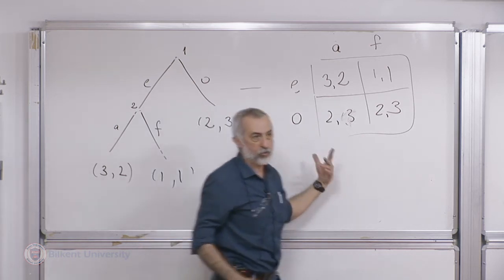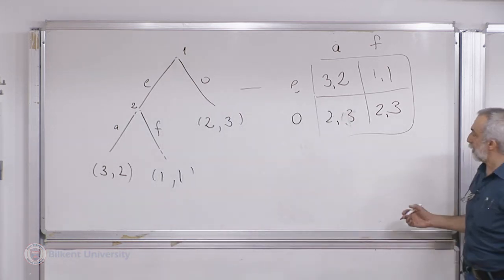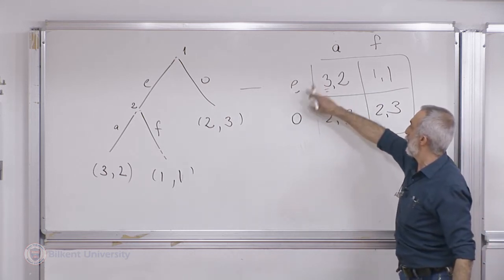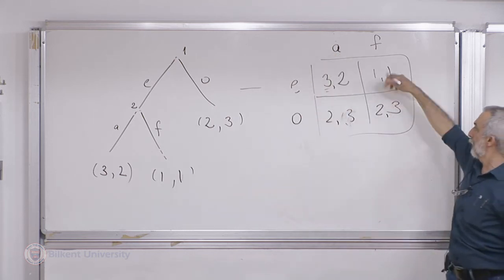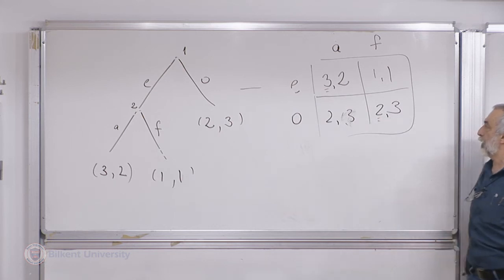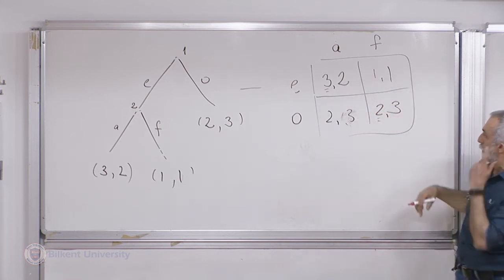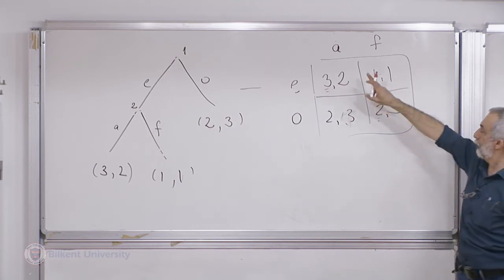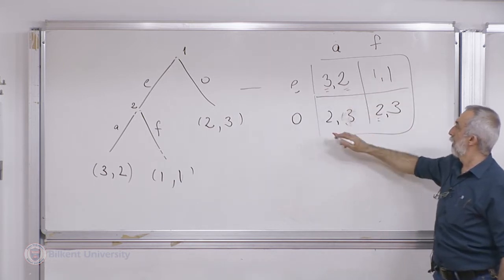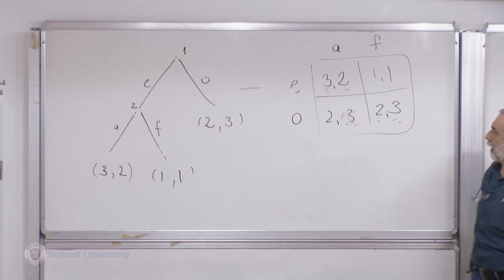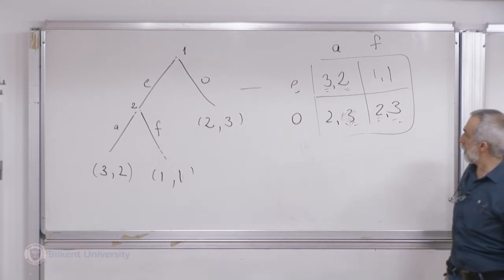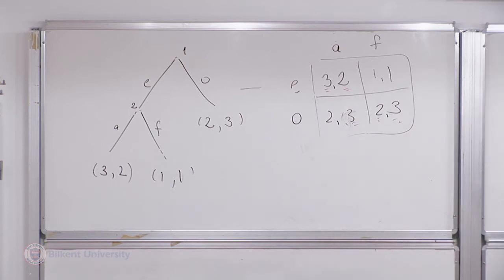So now I can analyze this game. We know how to study these games. I'll look at the best responses. E is the best response to A. O is the best response of player 1 to F. A is the best response of player 2 to E. Both A and F are best responses to O. So looking at this, player 1 does not have a dominant strategy. Player 2 does not have a strictly dominant strategy, but does have a dominant strategy.